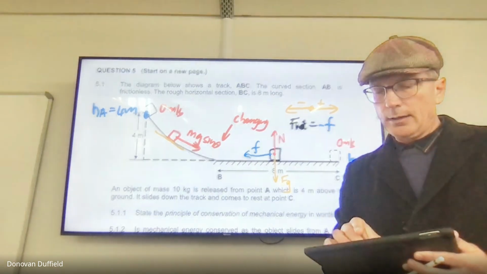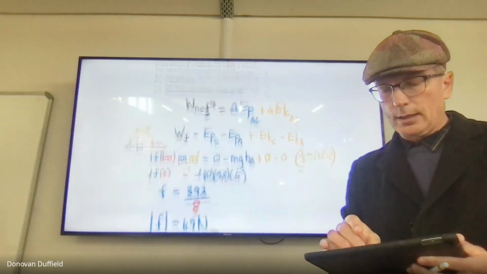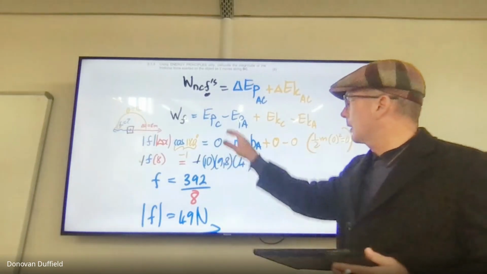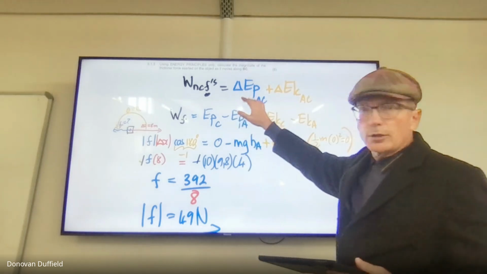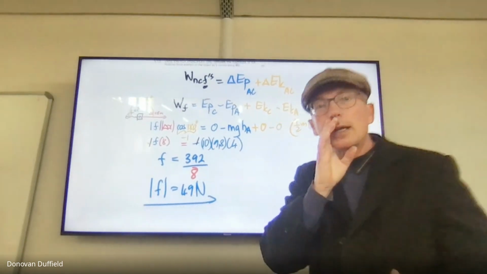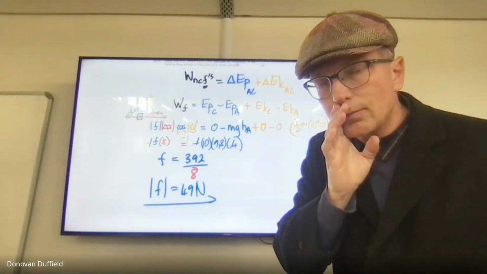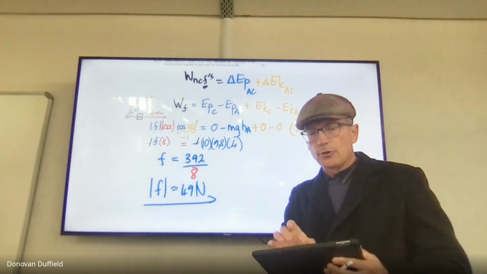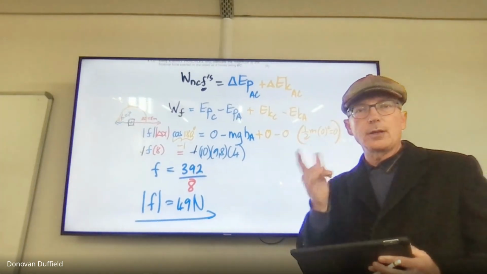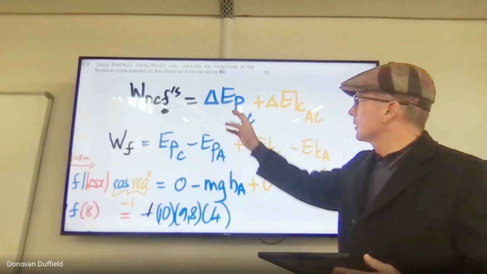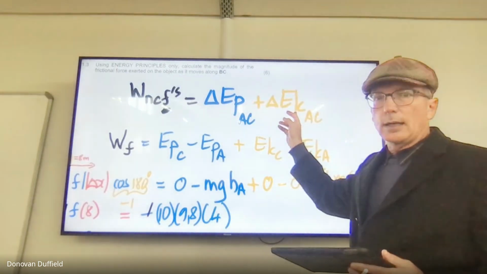Personally, I think it's way easier to use the formula that looks more complicated. It looks more complicated, but it's easier to use and it's more powerful. So my suggestion is, if in doubt, use WNC equals delta EP plus delta EK.